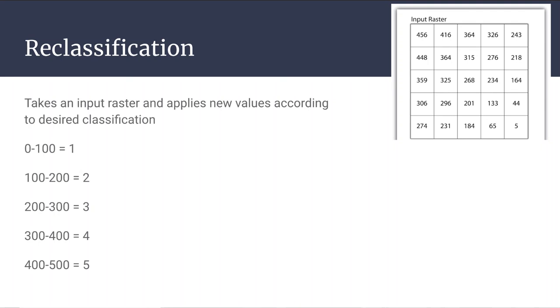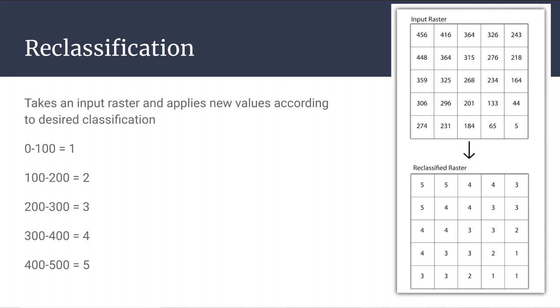So in designing this reclassification, you'd say from 0 to 100, we're going to say that's a 1, 100 to 200, that'll be a 2, 200 to 300, that'll be a 3, 300 to 400, that'll be a 4, 400 to 500, that'll be a 5. Once you enter these into the reclassification tool and run it on this input raster, you'll get a vastly simplified reclassified raster or output raster. So now, instead of having a whole bunch of unique values, we have 5 different groups of values.